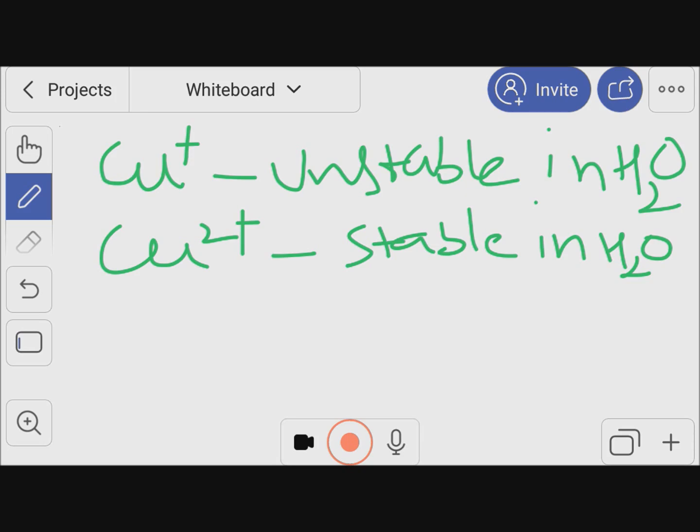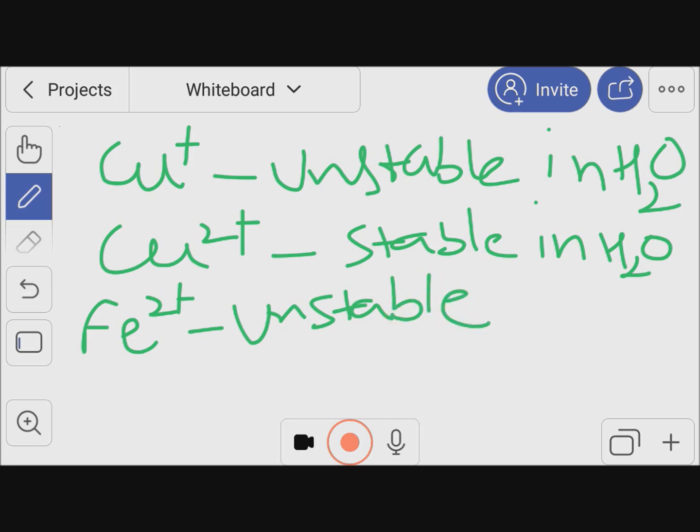Similarly, Fe2+ is unstable in aerated water. Aerated water means water containing air, and it undergoes oxidation to change into Fe3+.